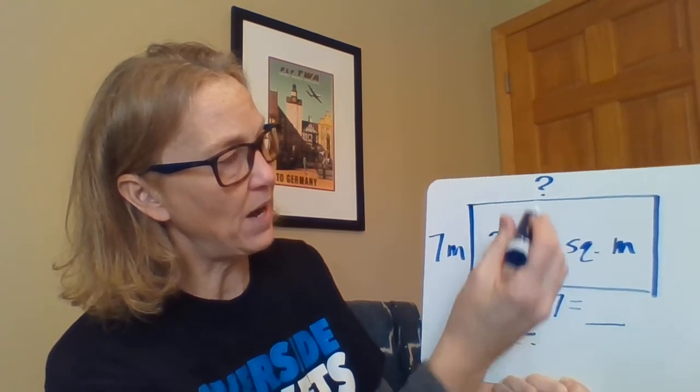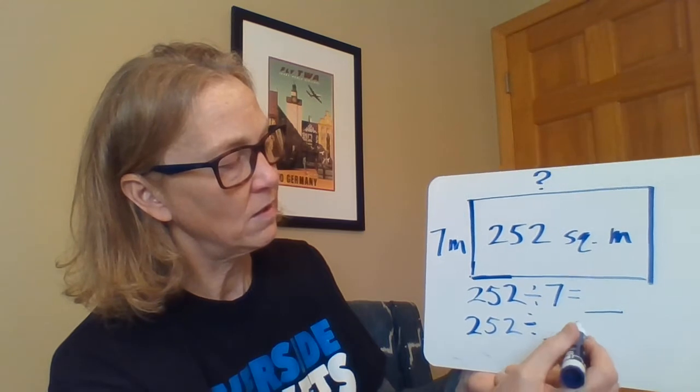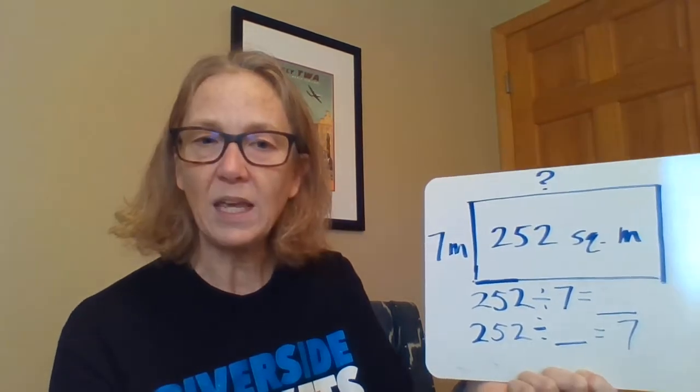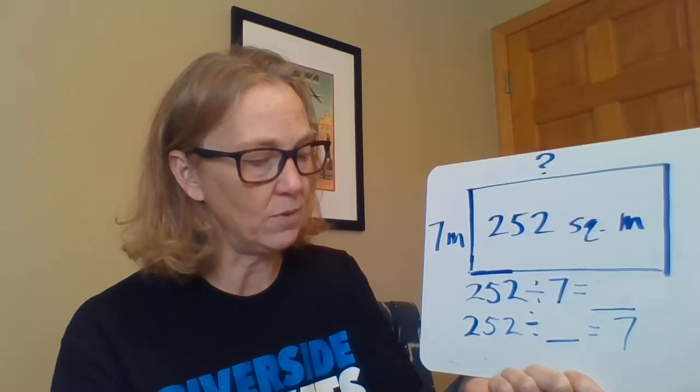So a division problem of 252 divided by 7, or still starting at 252, dividing it by our unknown dimension is equal to 7. So making it into those two division problems.